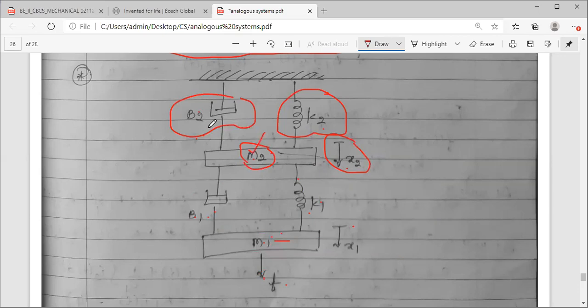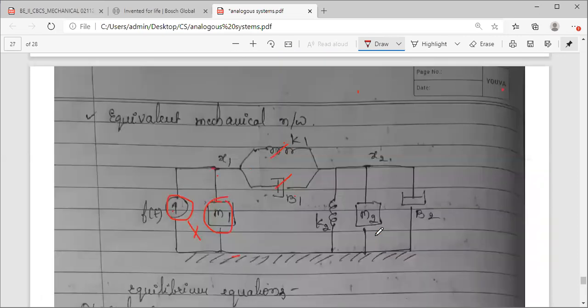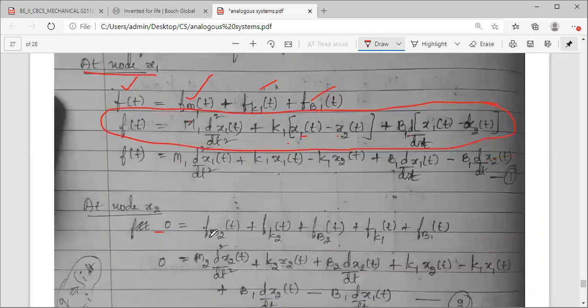Fm2, Fb2 and Fk2, but these are the shared ones. So Fb1 and Fk1 you have to write in x2 minus x1. So 0 is equal to Fm2, Fk2, Fb2 directly. These three are associated with x2.